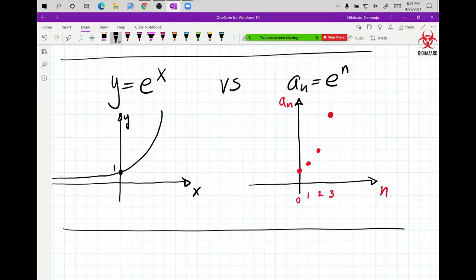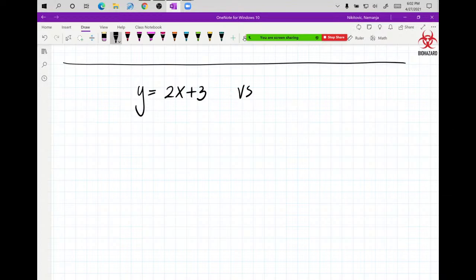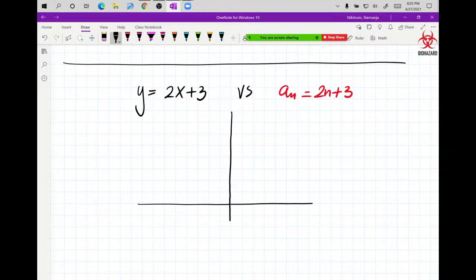Let's take a look at another graph, but I'm going to do this one on the same plane. So y equals 2x plus 3 versus a_n equals 2n plus 3. And this one I want red. Now I'm going to draw this function, x, y, and at the same time n and a_n.